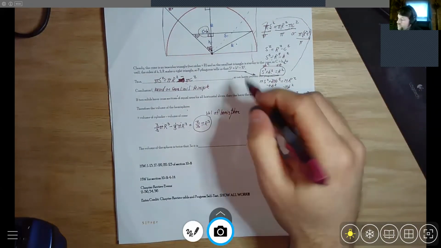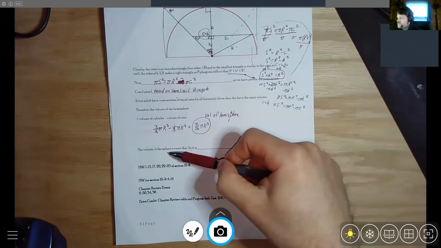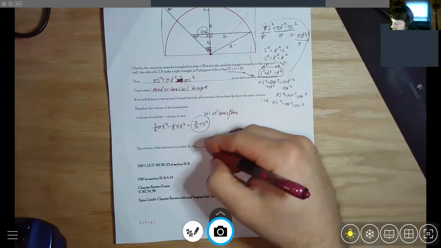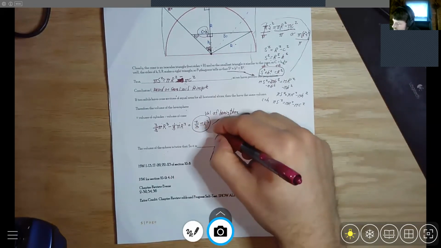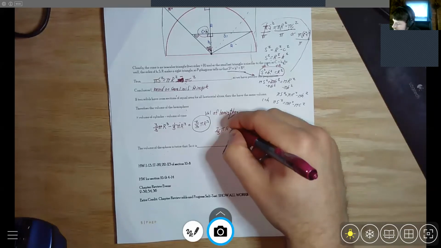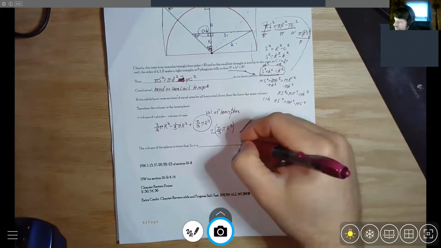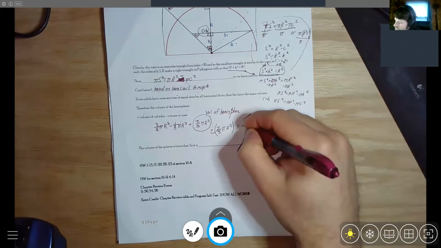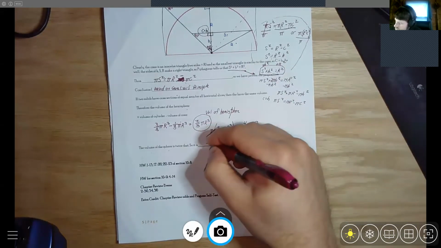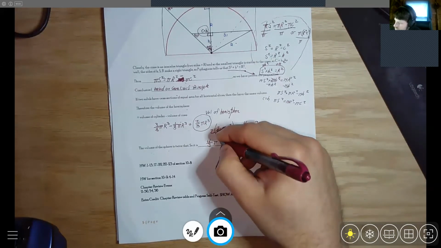Okay, now our question really is, we want the volume of a sphere. Because two hemispheres make a sphere, the volume of a sphere is going to be 2/3 pi r cubed times 2. So that's 4/3 pi r cubed. So that's our answer. That's our volume formula for a sphere, 4/3 pi r cubed.